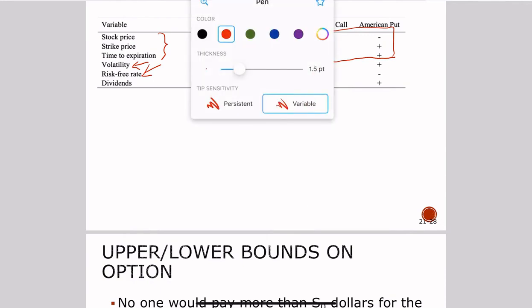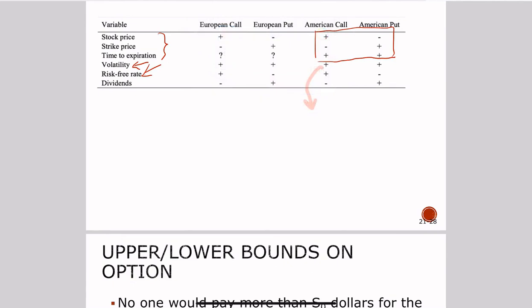And then what about put? Well, for put, it's the opposite, because if you're having a put, the exercise price is your selling price. So you want this exercise price to be large. However, if risk-free rate increases, this will decrease the present value of your exercise price. So your trade from put becomes less profitable. So put would become less valuable, right?